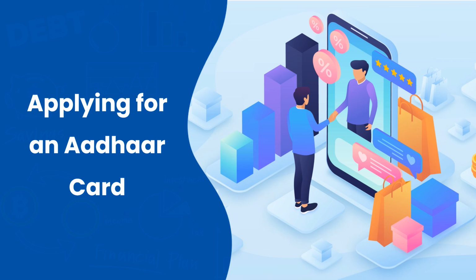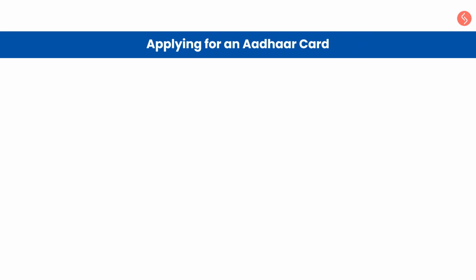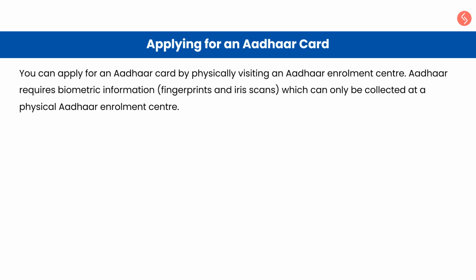Let us understand the process for applying for an Aadhaar card. Applying for Aadhaar card is a two-fold process. You can apply for an Aadhaar card by physically visiting an Aadhaar enrollment center. Aadhaar requires biometric information, fingerprints and iris scans, which can only be collected at a physical Aadhaar enrollment center.